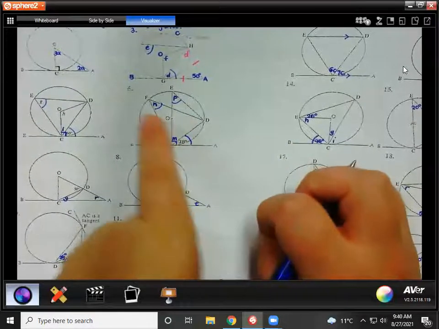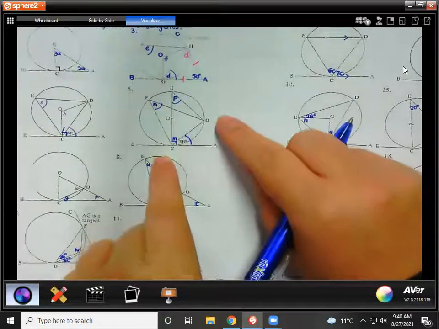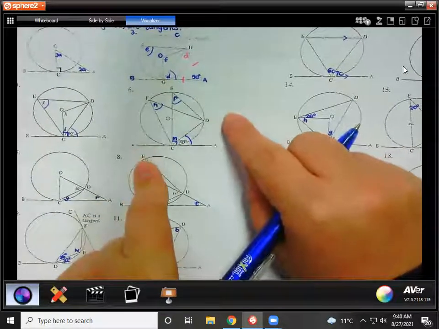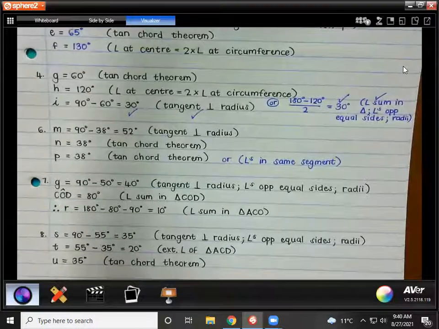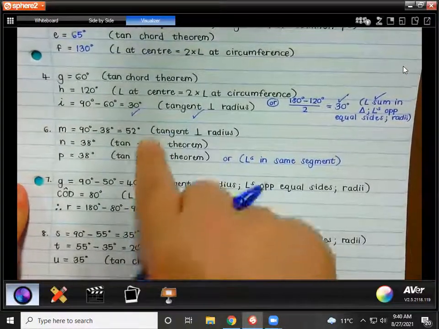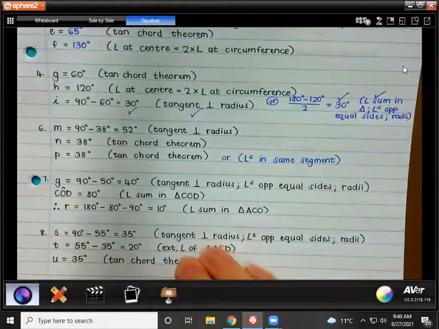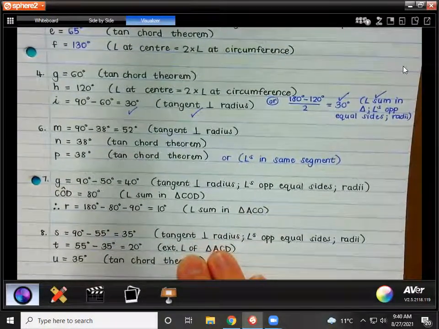Or if you got that N is 38, then you also could have said now angles in same segment, P is also 38. All right, so that's why I wrote 2 reasons there. You could have said tan chord theorem for both of them, or you could have said tan chord theorem for the one and then angles in same segment for the other.